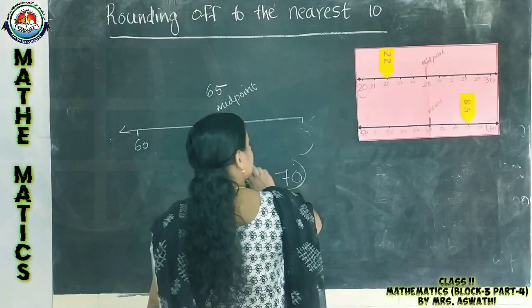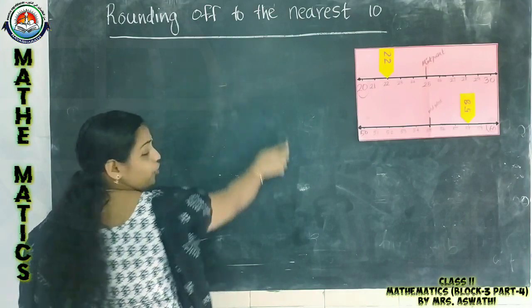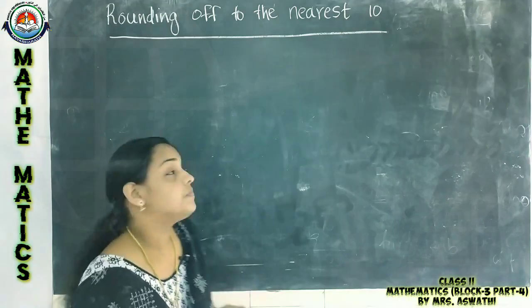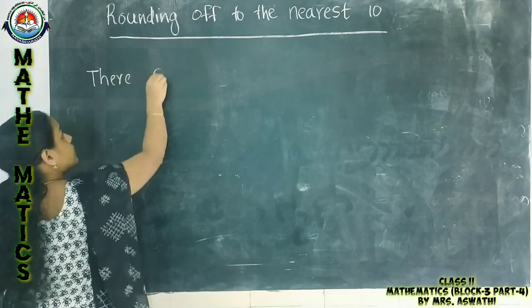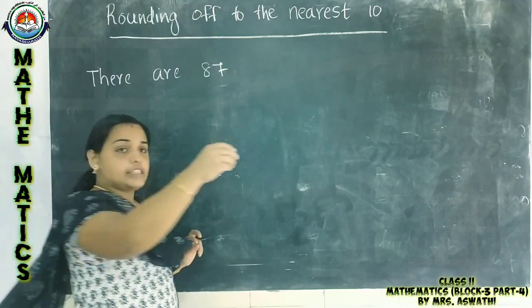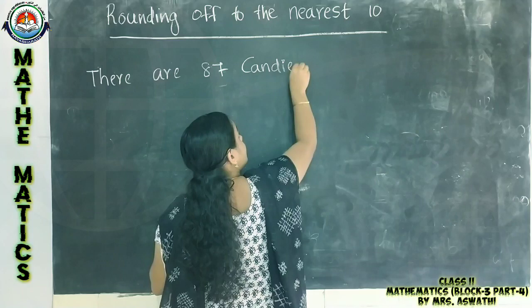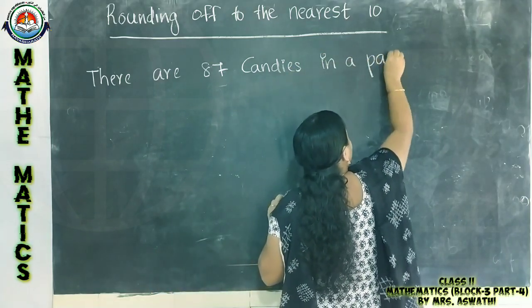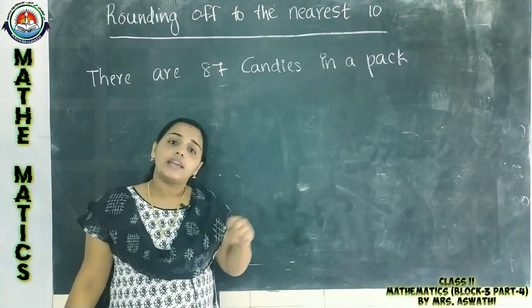So, I will give you another question. Please take your notebook and write it there. There are 87 candies in a pack.